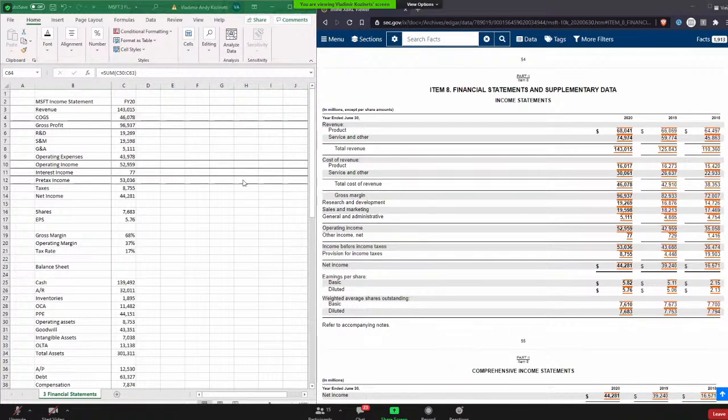Financial companies' financial statements are going to look different than a regular company's, because financial companies like banks make their money off of interest payments and fees, whereas a company like Microsoft makes money on products and services such as computers and other devices, and their operating system and other services.